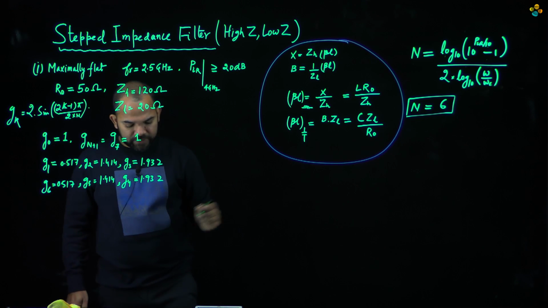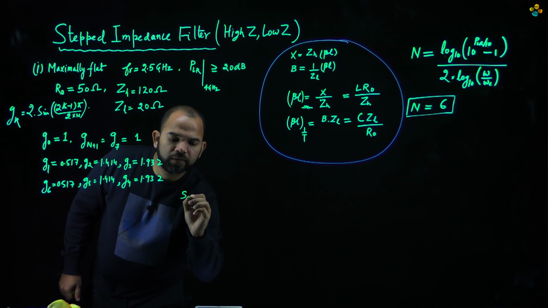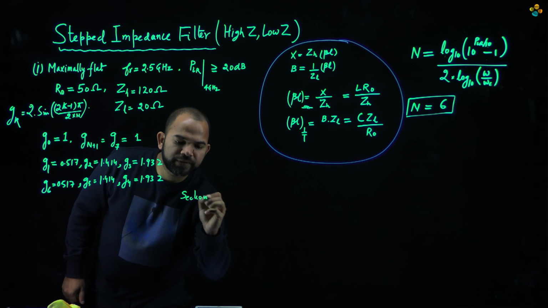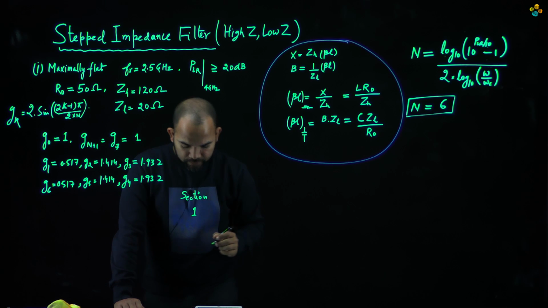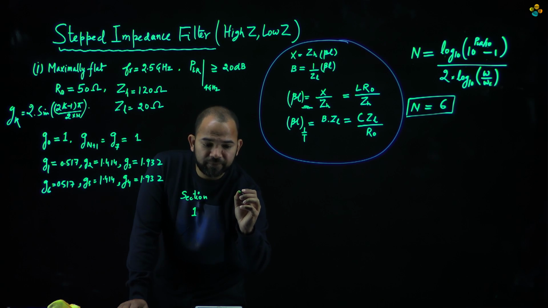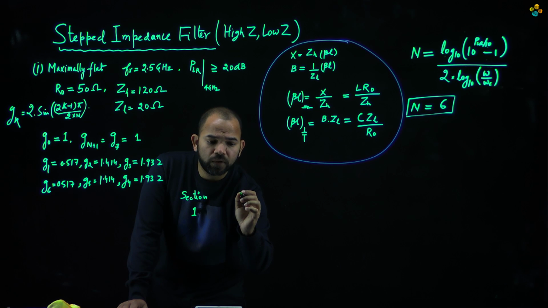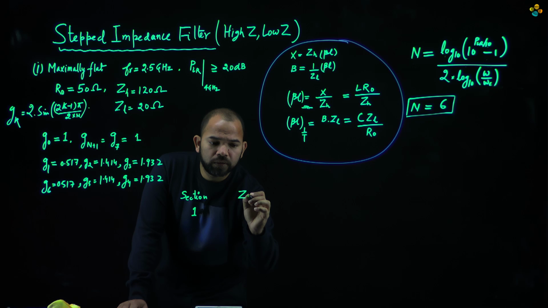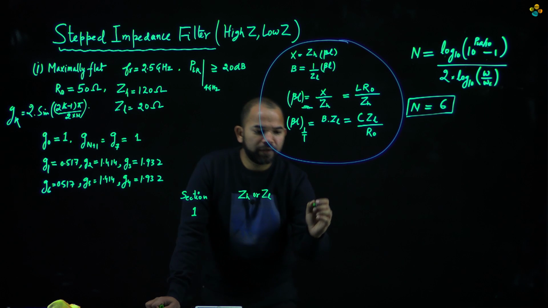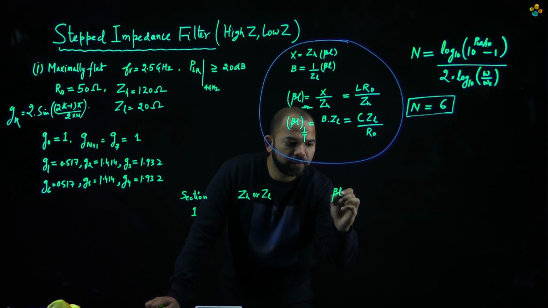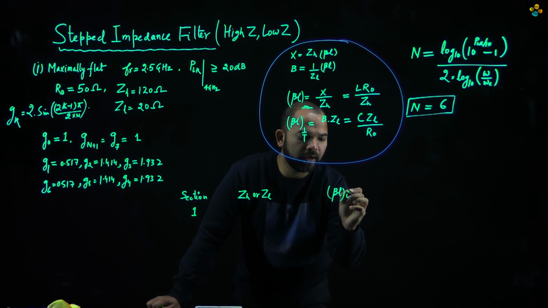Okay, so let's say in this fashion, the section number, so the first section, if we consider this as an inductor, so impedance ZH or ZL, and then what would be the beta Li.